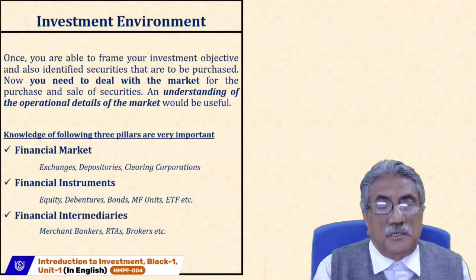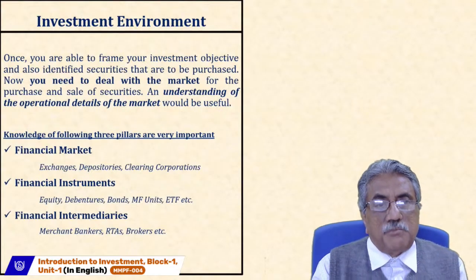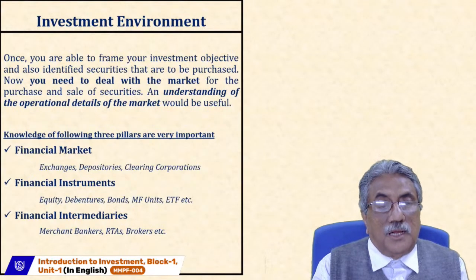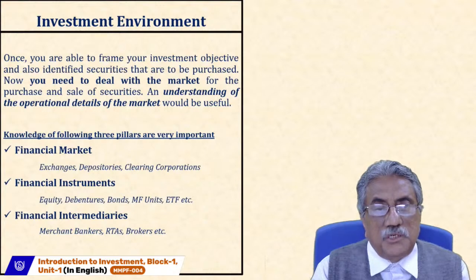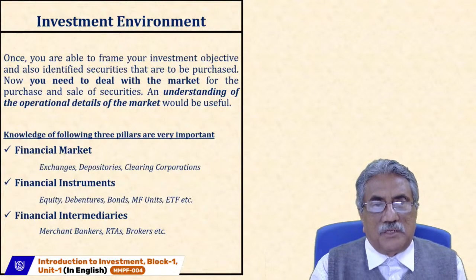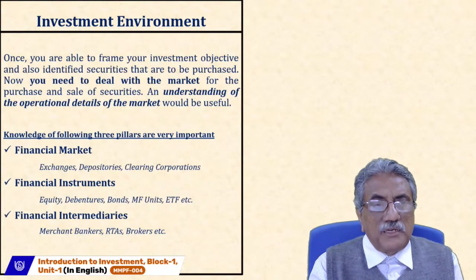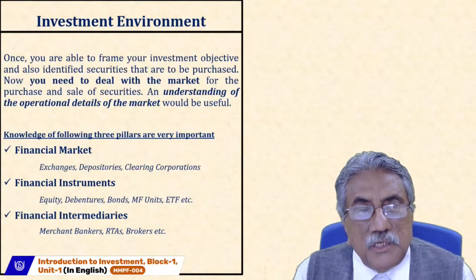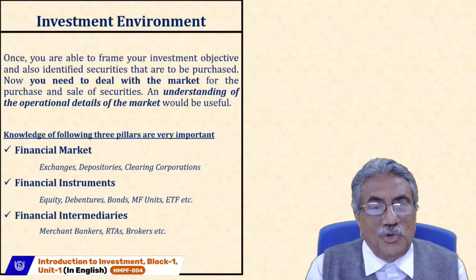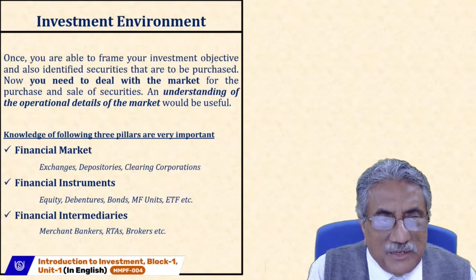SEBI is the regulator of the securities market, about which we will be learning later on in detail. So everybody has to be registered with SEBI and follow SEBI's guidelines. This is the investment environment in which you will be dealing in securities. You will build up your portfolio and you will make money.